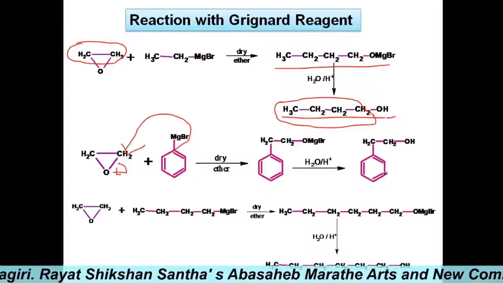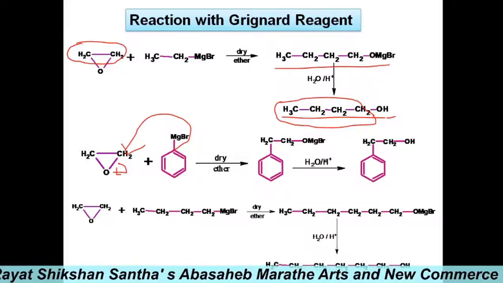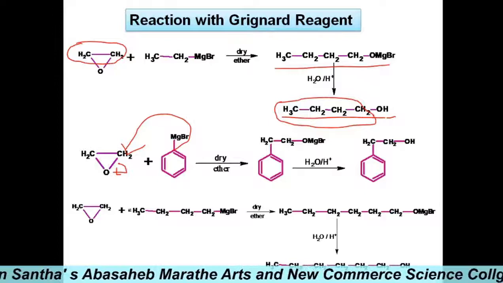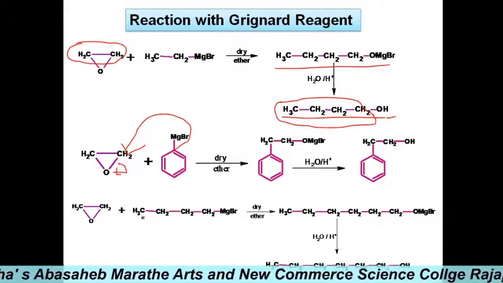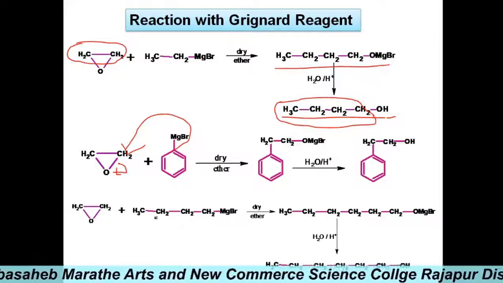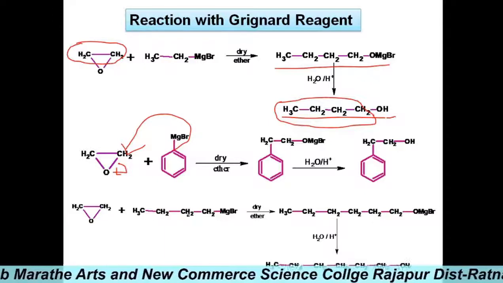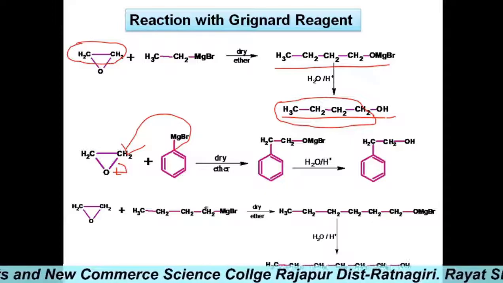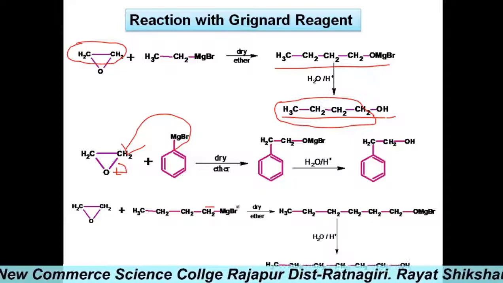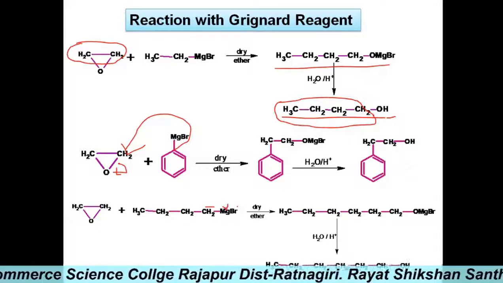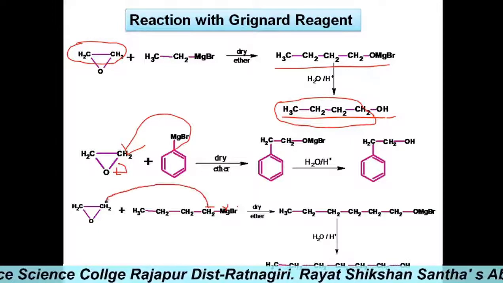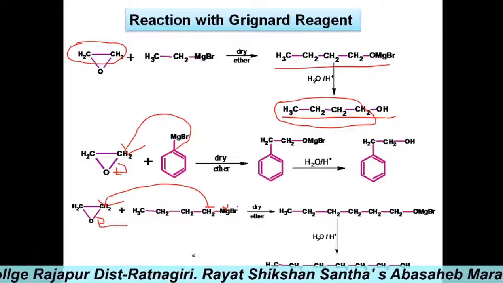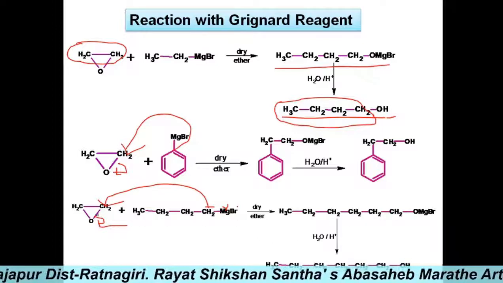In the next example, we add a Grignard reagent to ethylene oxide: n-butyl magnesium bromide as the Grignard in dry ether. The CH2 with negative charge, and magnesium with positive charge. The CH2 minus attacks this carbon, breaking this bond.